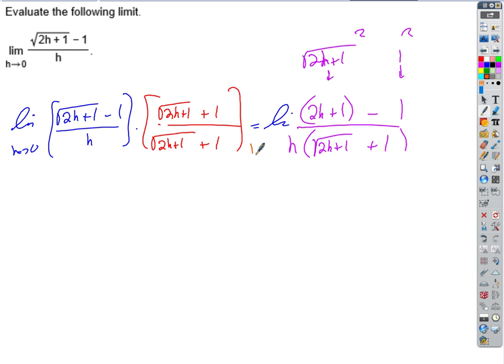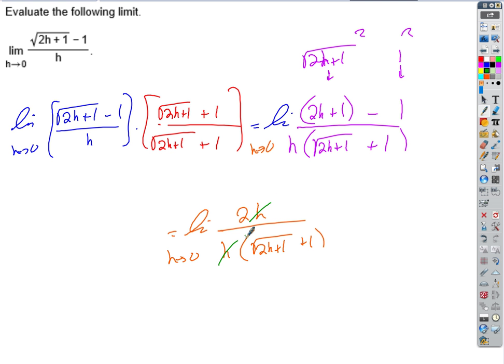So now, what's happening that's important? On the bottom, we're kind of stuck with something ugly, but what's happening on the top? The ones cancel, right? When we combine like terms, we're just getting the limit of 2h over h times the quantity, square root of 2h plus 1 plus 1. And now we can cancel those factors, right?